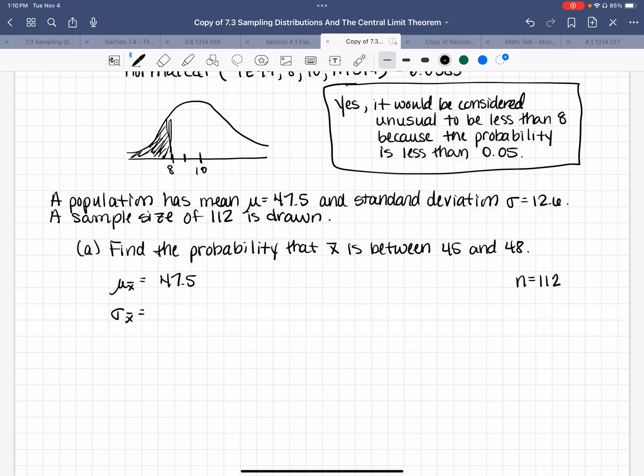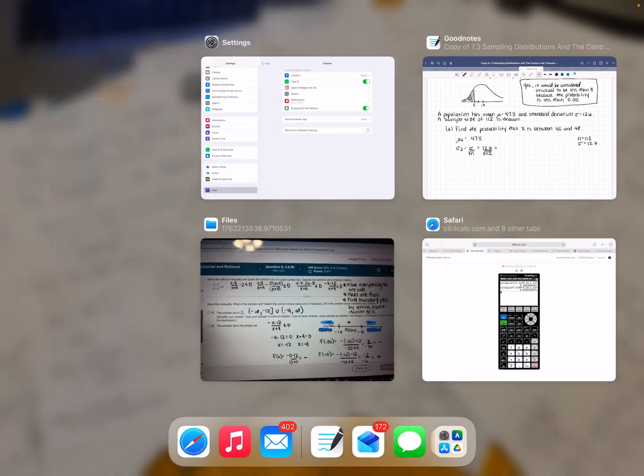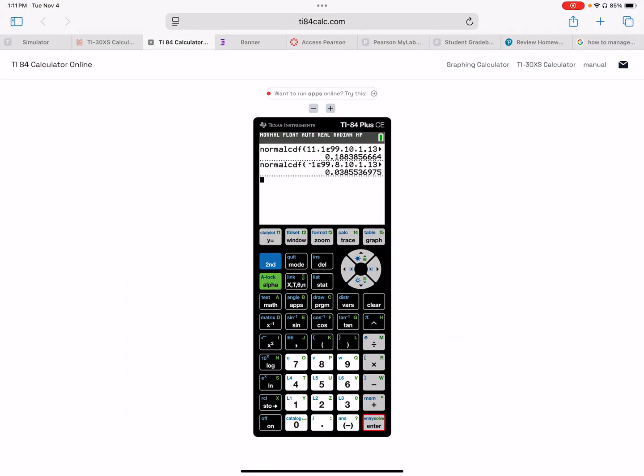And then I can find my standard deviation. So I've got the standard deviation of my population divided by the square root of n. In this particular case, the standard deviation of my population is 12.6. So I've got 12.6 divided by the square root of 112. So if I go over here and I say 12.6 divided by square root of 112 is going to give me 1.1906.